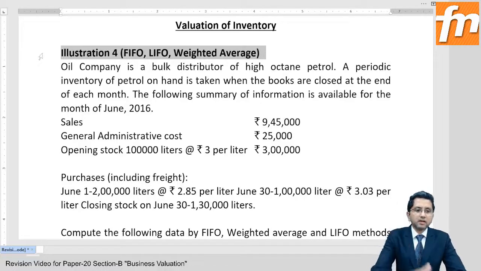Suppose my opening inventory was valued at 100 rupees. During this year, I keep on making purchases at 101, next month 103, next month 107 rupees, next month 108 rupees, next month 110 rupees.